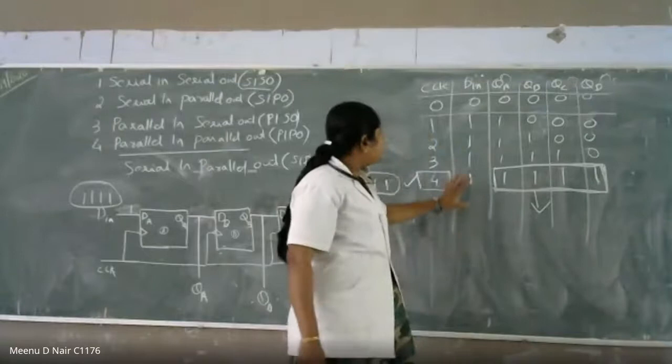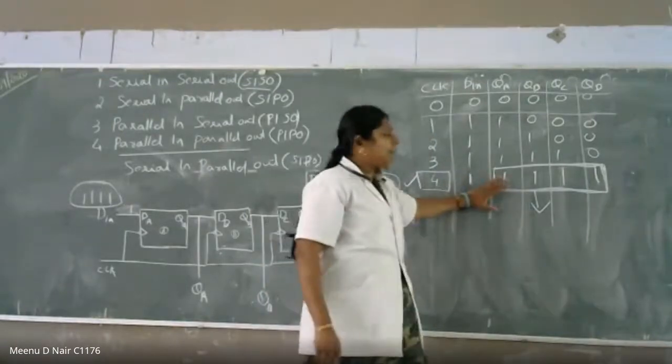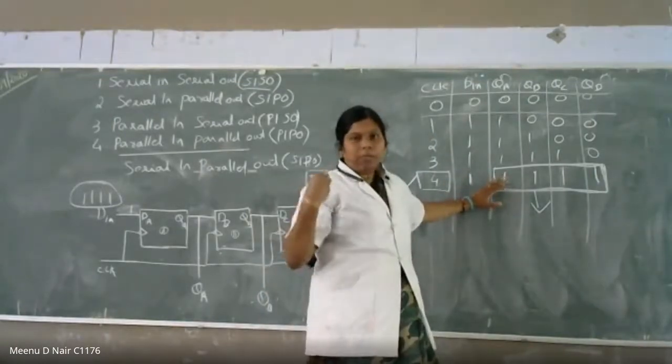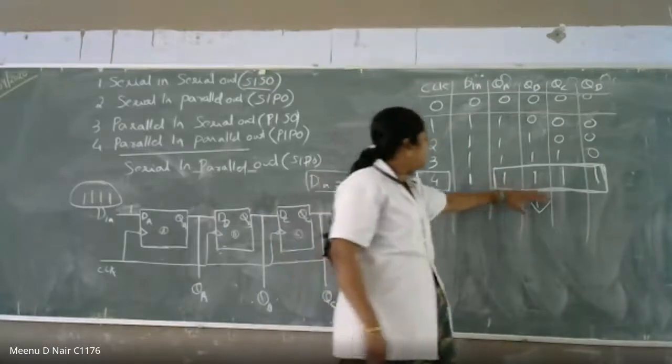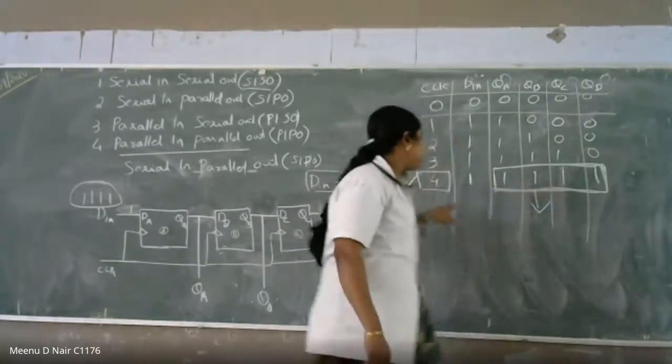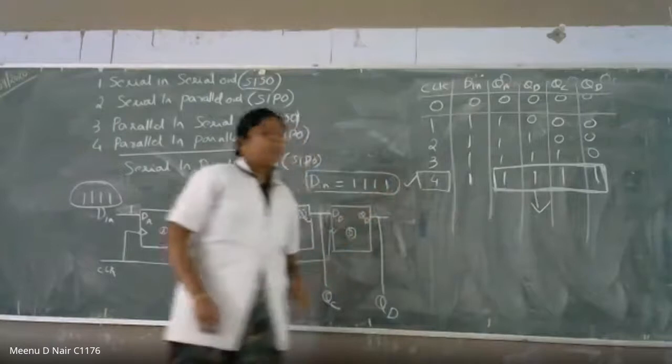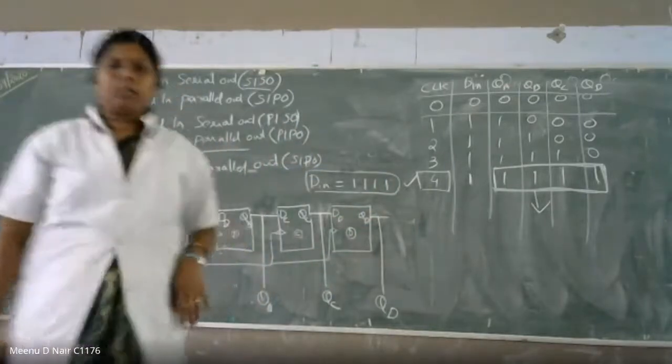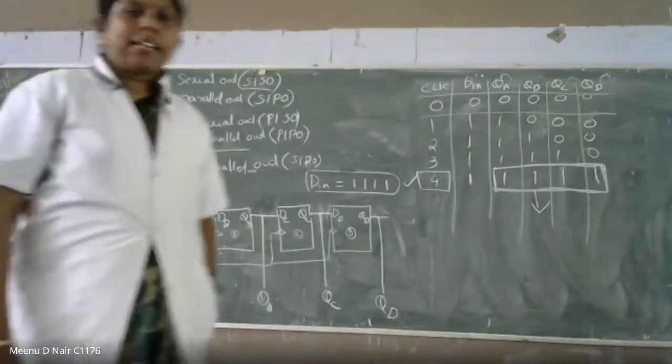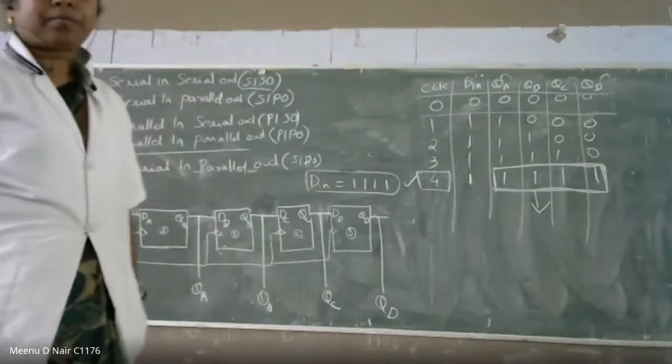But in the case of serial in, parallel out, at the same time you can connect the output from all the flip-flops, so you will get the 1 1 1 1 at the same time, at the fourth clock pulse. That is the only difference between SISO and SIPO.